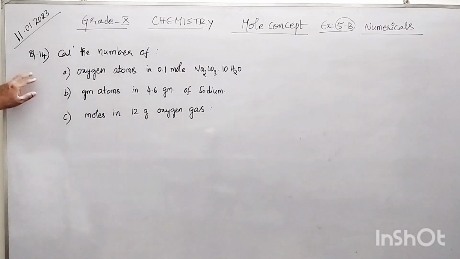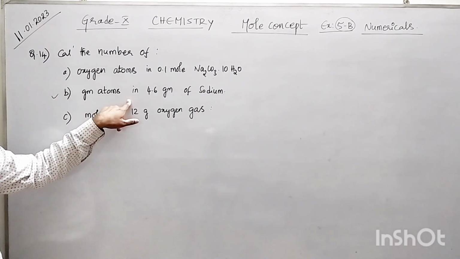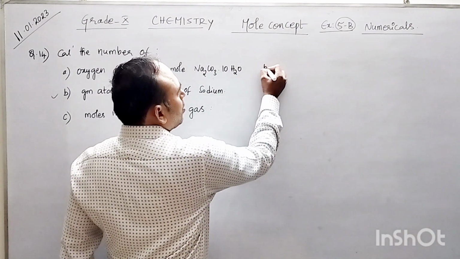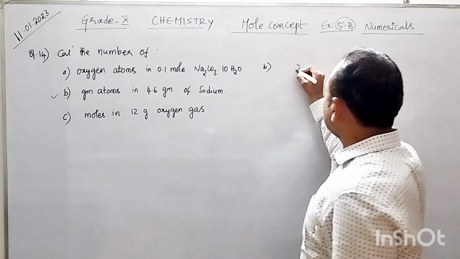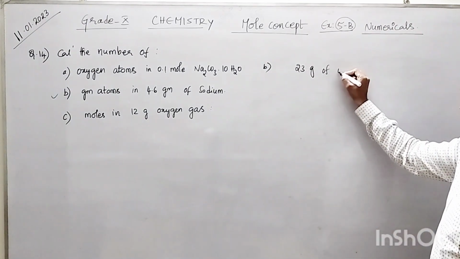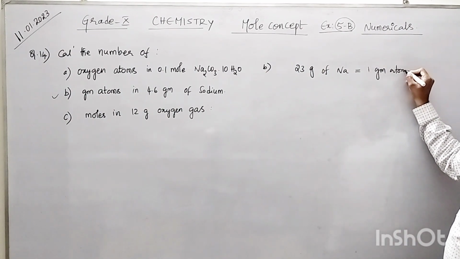Now question number 14b. What is given? Calculate the number of gram atoms. They have just asked you to find the gram atoms from 4.6 grams of sodium. So we know that 23 grams of sodium is equivalent to 1 gram atom.